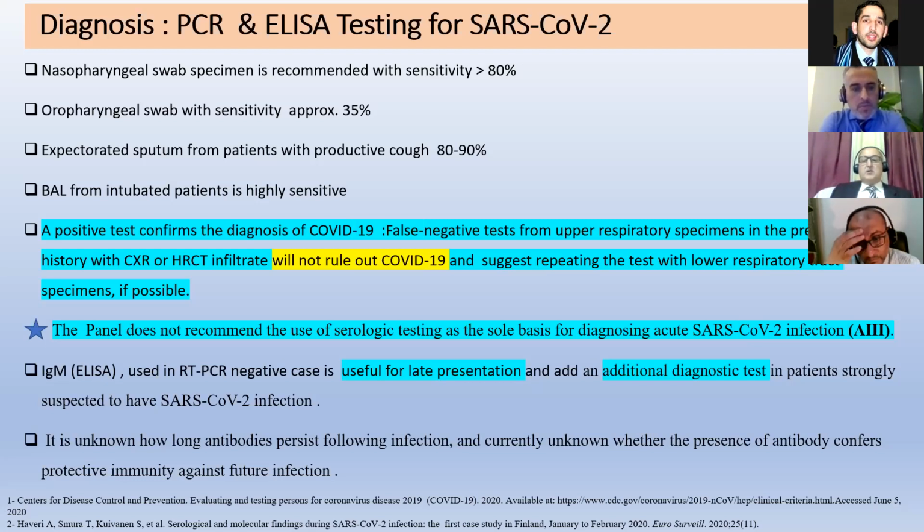It is only useful if the patient comes at a later presentation, and it can be an additional diagnostic test for patients who have a past history of exposure. It is useful especially for those who come without symptoms and come late.